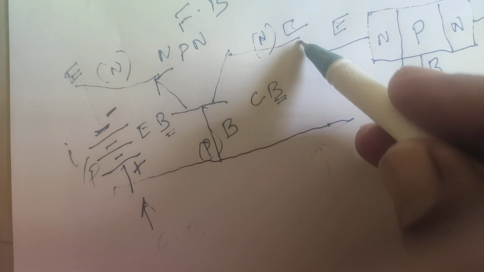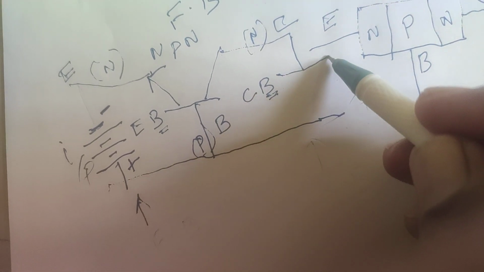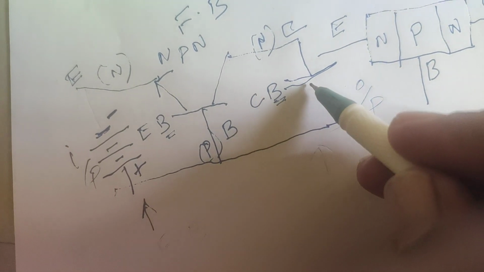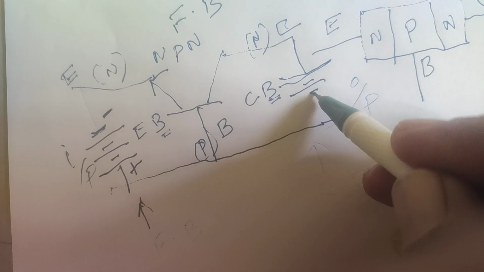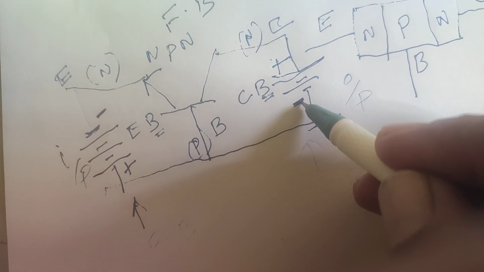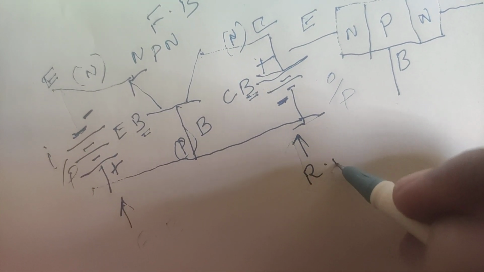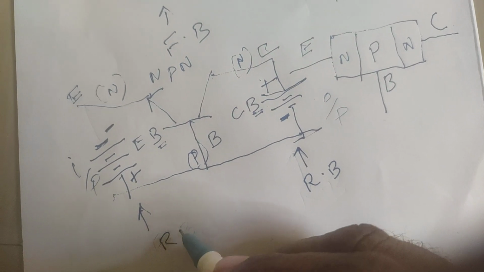Here the output is reverse bias. So the N layer gets positive, the P layer gets negative. Then it is a reverse bias. Okay.